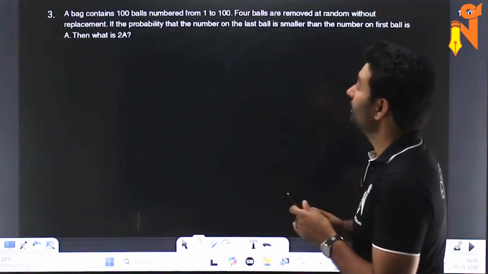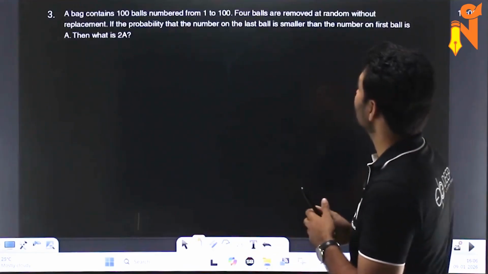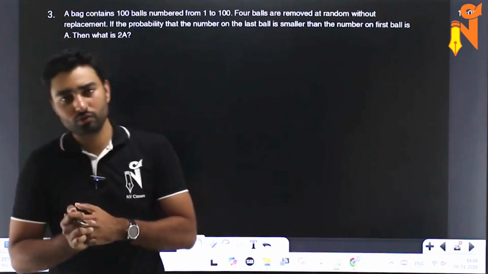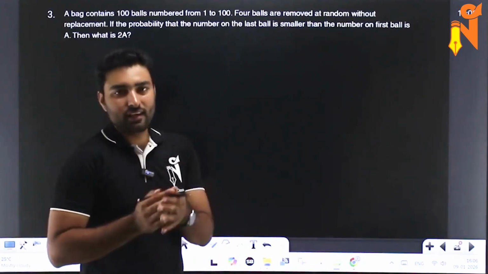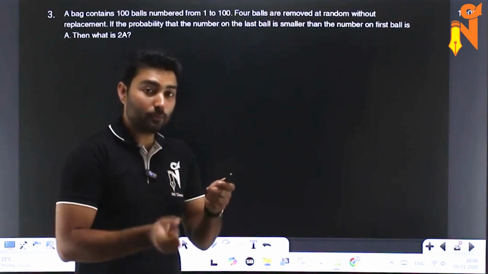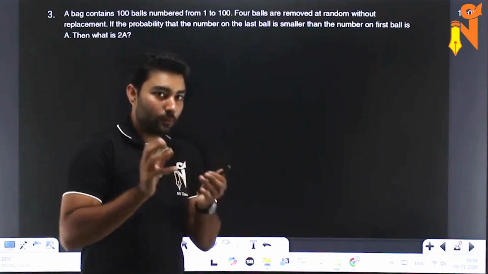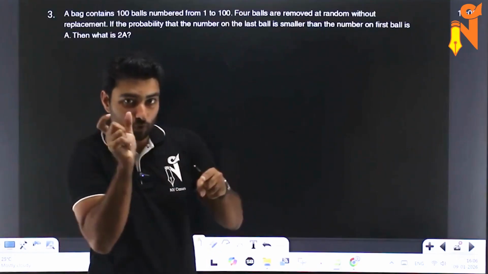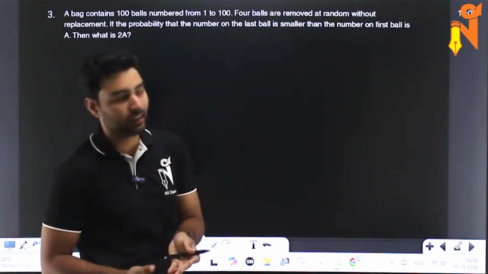Next, a bag contains 100 balls and whatever. So basically, out of those 100 balls, we are picking 4 balls. Keep in mind the order. Order is important, or should I say that arranging in 4 places is the same thing, right?